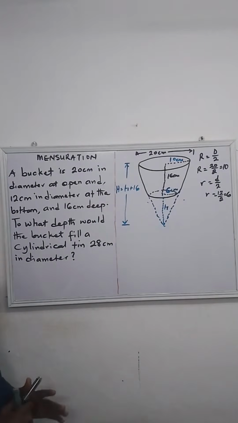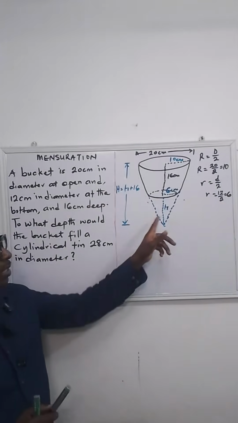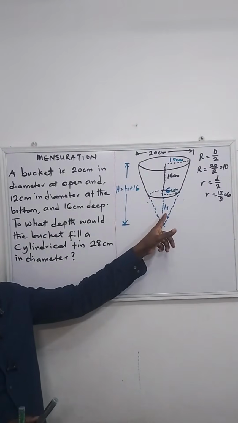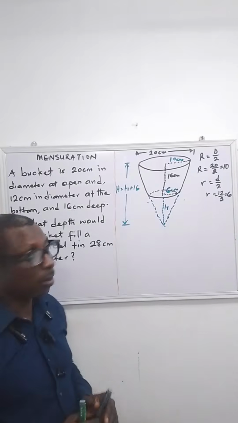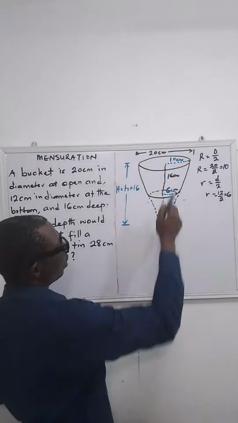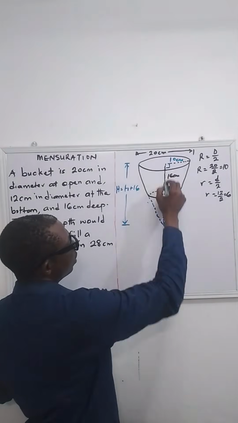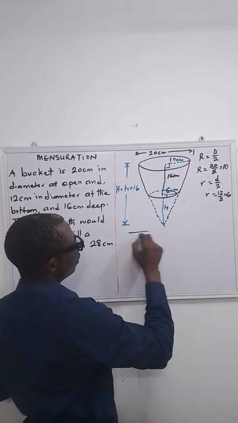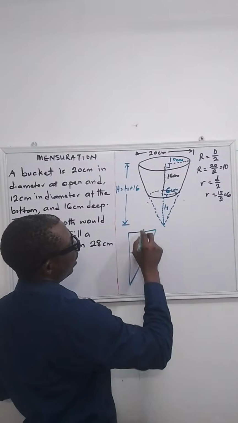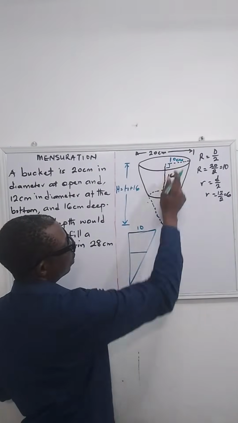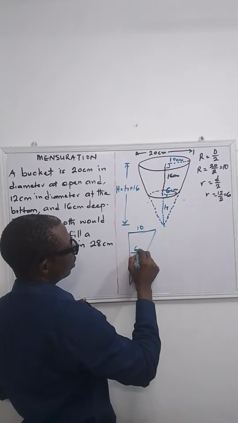All right, so what are we going to do now? We need to get this height, the height of the smaller cone. So we are going to be making use of the principle of similar triangles. Let's look at the triangle here. We have a right angle triangle here. So here is 10 and here is 6, 6 centimeter.